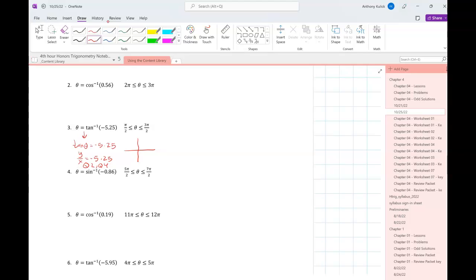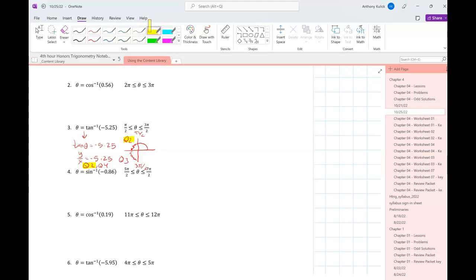All right, so we start at 0. This first spot is pi over 2. So starting there, that's pi, and then ending here is 3 pi over 2. So the two quadrants we covered were quadrants 2 and 3.